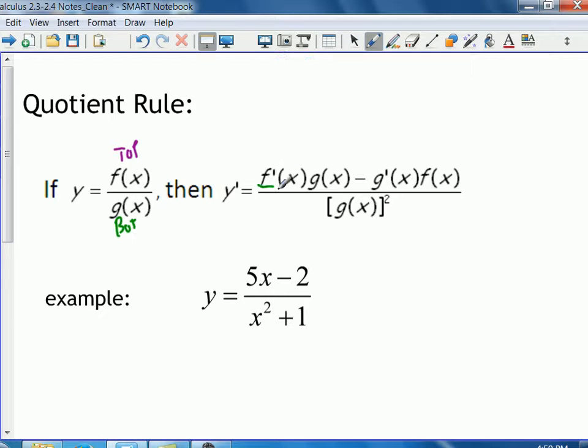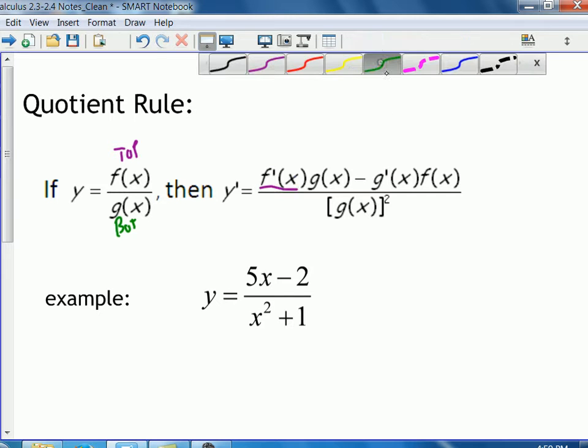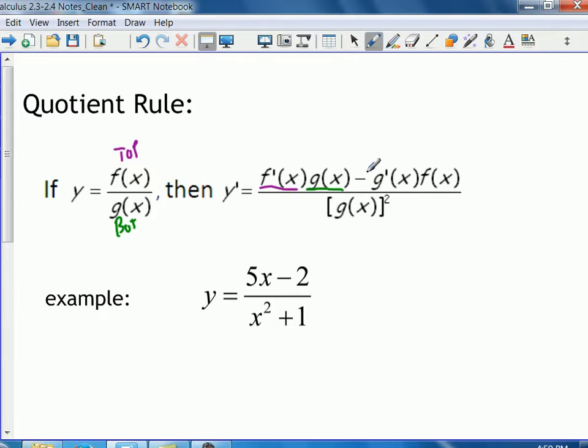The derivative of the top, oops, that's the wrong color, times the bottom as is, minus the derivative of the bottom times the top as is, all over the whole bottom squared.